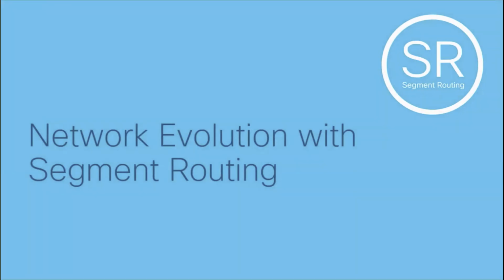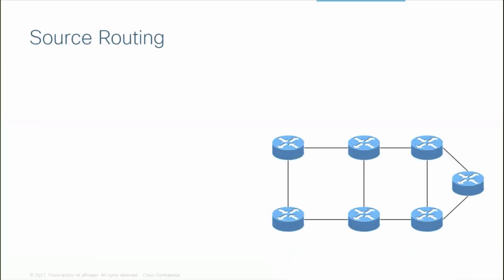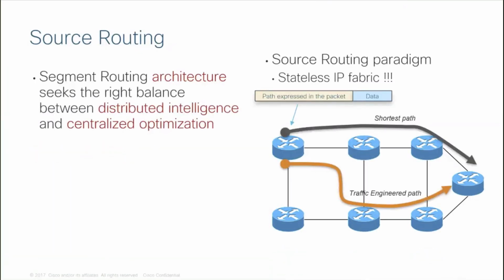So going into the technicals of segment routing, which is our topic for today, the first thing that we have to acknowledge is that with SR, we're doing source routing. Source routing is based on the concept that I want to impose at the source all the instructions on how to move the packet through the network.